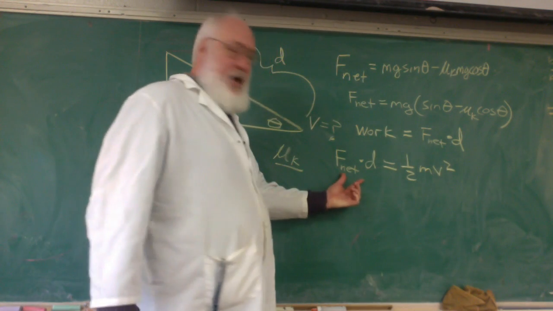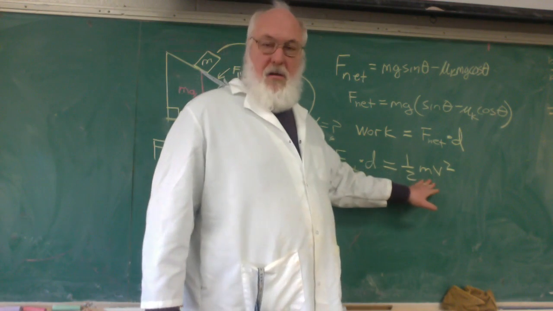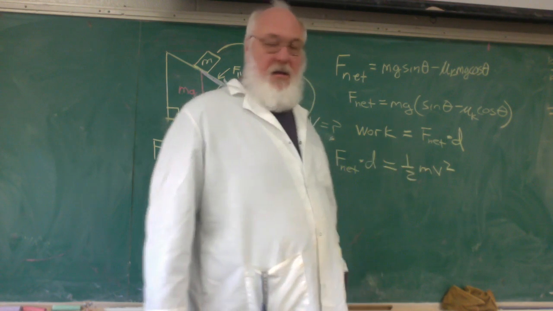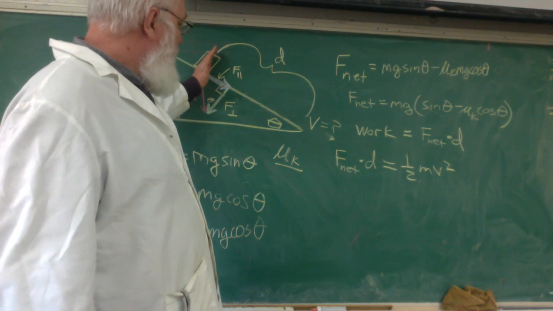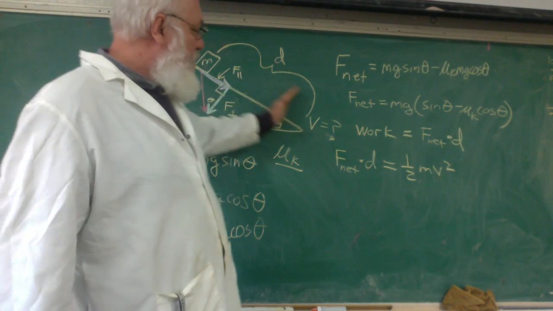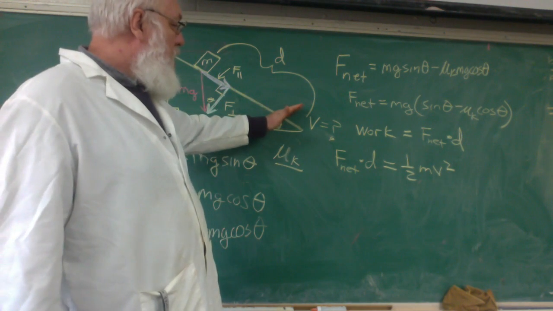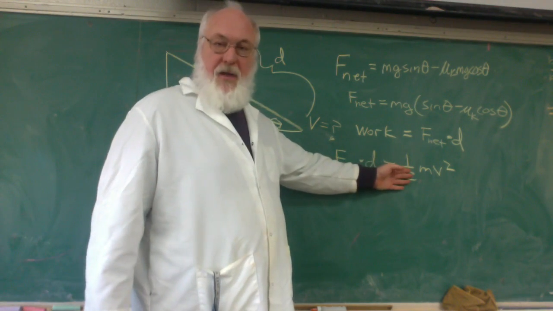So that work energy is going into accelerating the object, and the object then gets a greater velocity. And so in the end, this work that was done by gravity and sliding it down the incline goes into kinetic energy of the object.